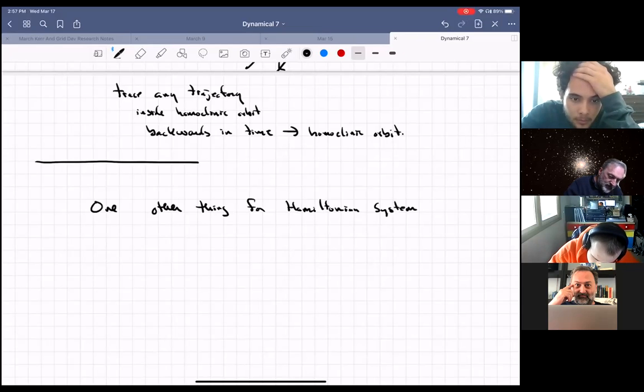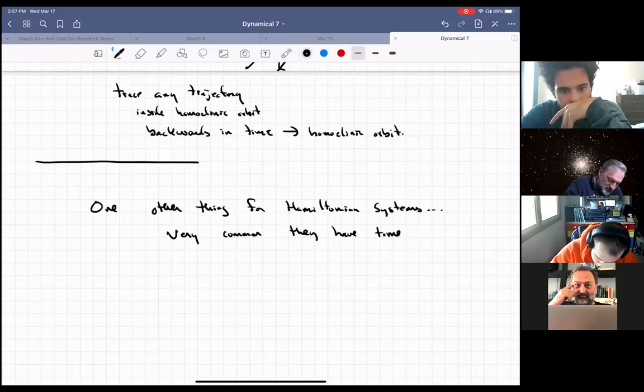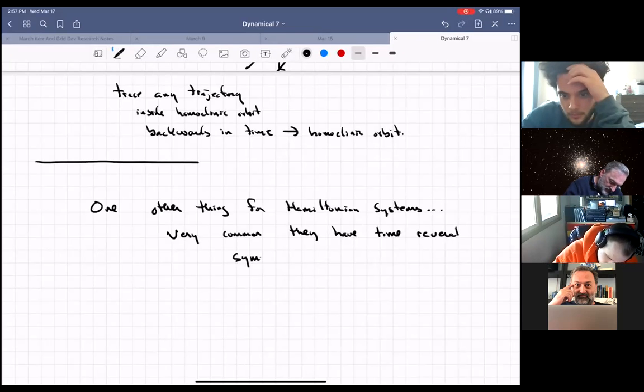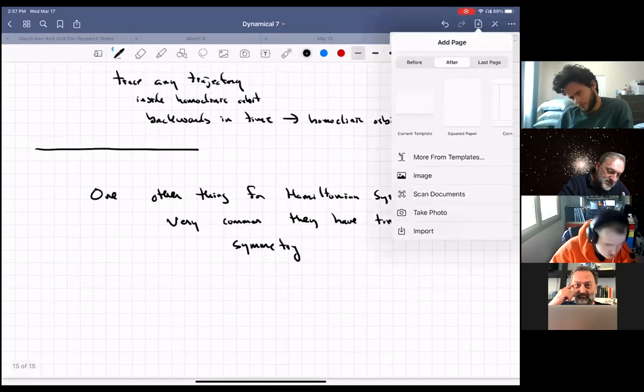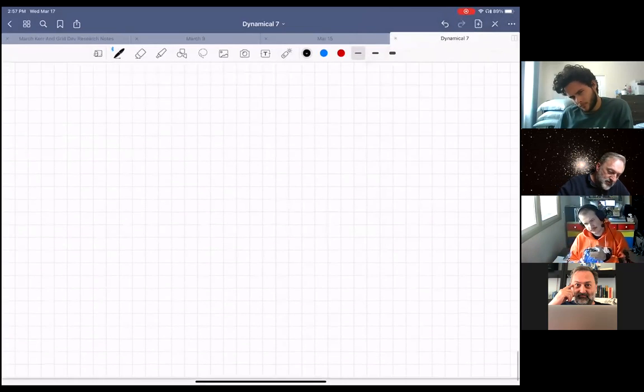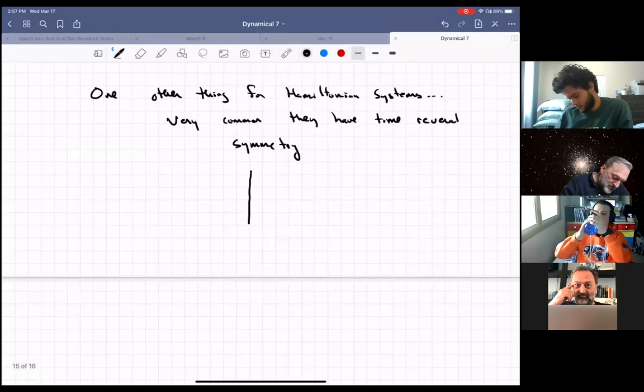Now, even in nonlinear Hamiltonian systems, it is very common that they have time reversal symmetry. So one very common feature of Hamiltonian systems is that they will possess time reversal symmetry, which means the following thing happens in the phase portraits.